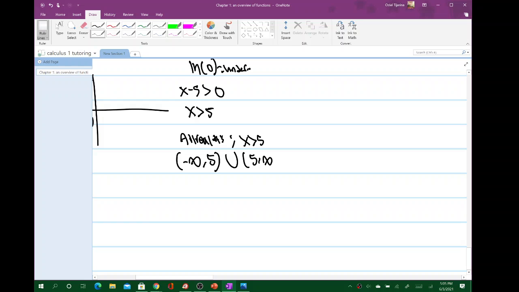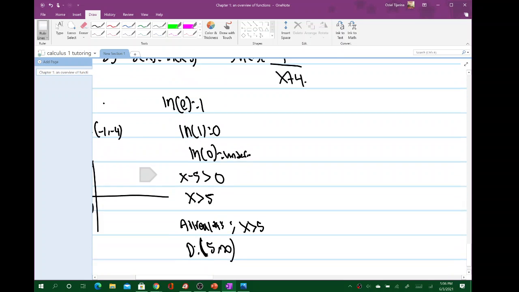And actually, hold on. We know that the domain has to be greater than 5, and if it's less than 5, it's not going to be defined. So in reality, the domain is going to be from 5 with a parenthesis to infinity.